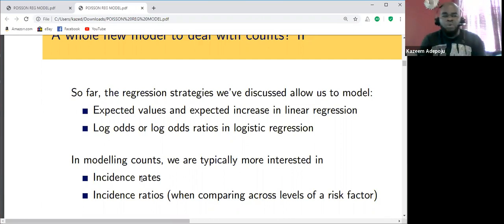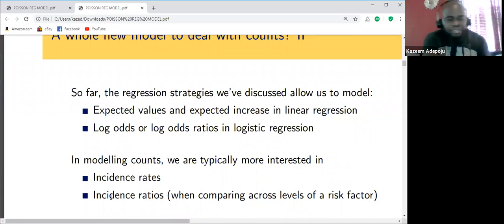So when we want to achieve anything that has to do with the incidence rate, of course, we need a new model to be able to figure that out. And if you want to look into that, you need a Poisson regression model, which is the model for counts.